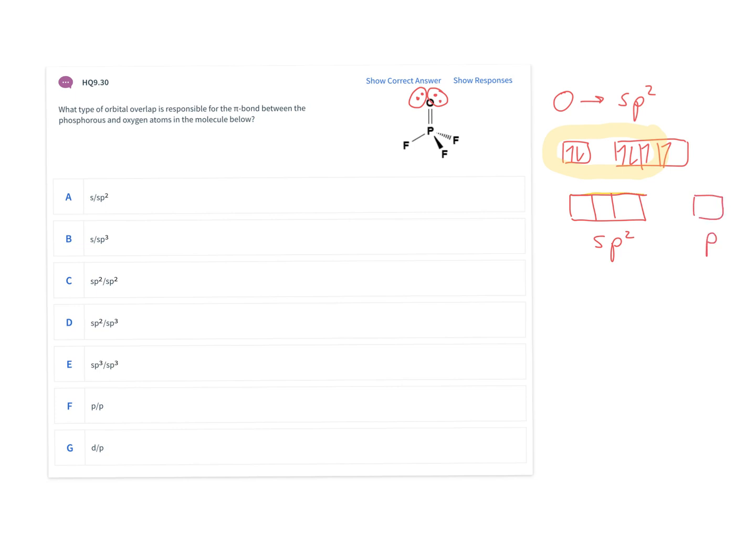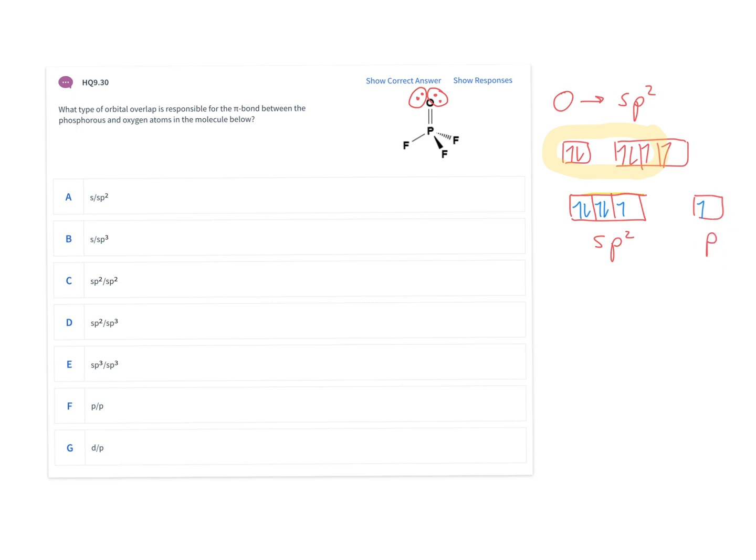I want to reassign those electrons, so I reassign them and I get 1, 2, 3, 4, 5, and 6. Now looking at that oxygen, I have 2 lone pairs of electrons in my hybrid sp2 orbitals. I have 1 electron in an sp2 orbital that I'm going to make my sigma bond with. And I have 1 electron in my p orbital that is unhybridized.